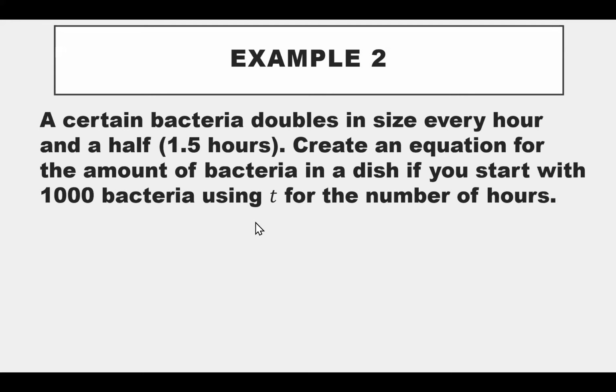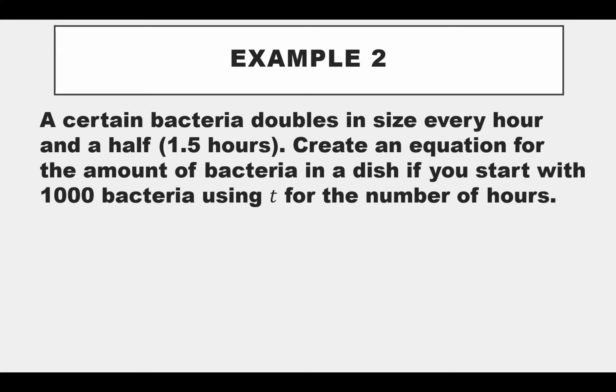Let's do another example. Example 2 says, a certain bacteria doubles in size every hour and a half, so every 1.5 hours. Create an equation for the amount of bacteria in a dish if you start with 1,000 bacteria, using t as the number of hours after the start.